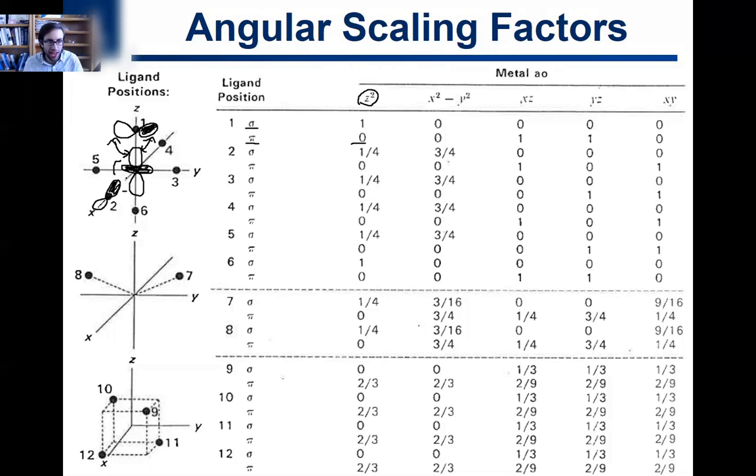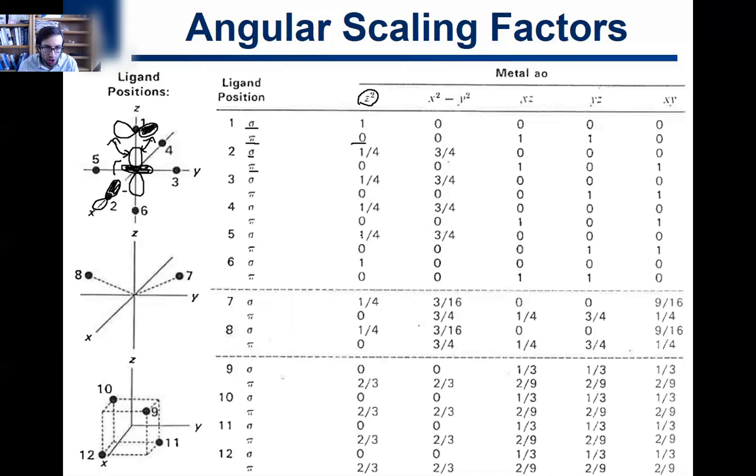I'm just giving you the answer of all this integration. But it comes from looking at how much these orbitals, based on their shapes, can overlap. All right, so you can only have a very weak sigma bonding interaction with a dz squared orbital if you're in the 2nd position here. And it turns out you can work through this, but you're not going to have any sort of pi bonding interaction at all, okay?